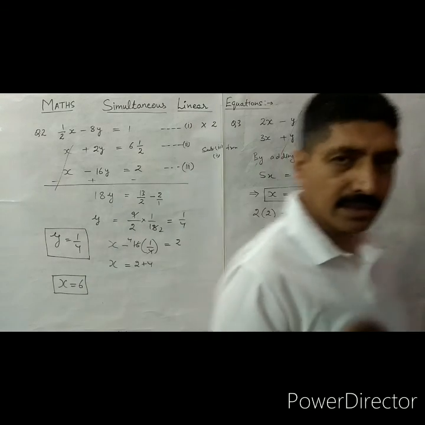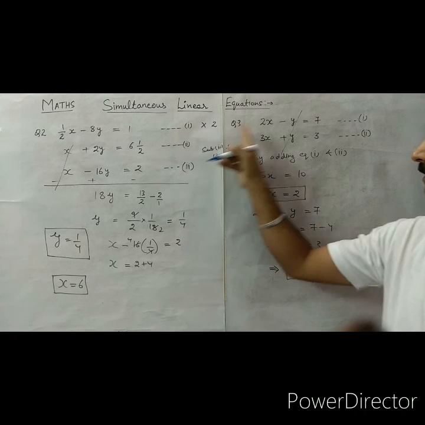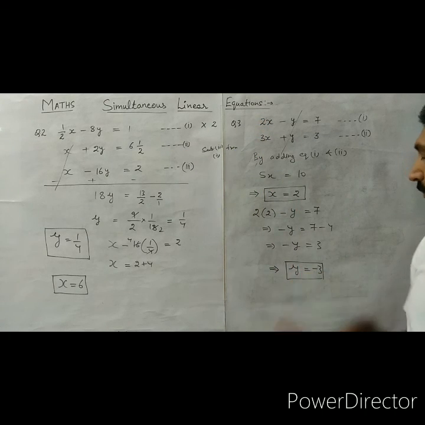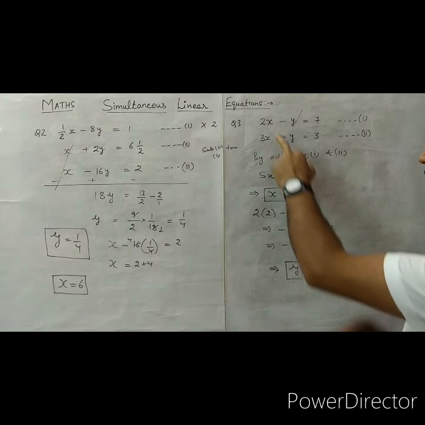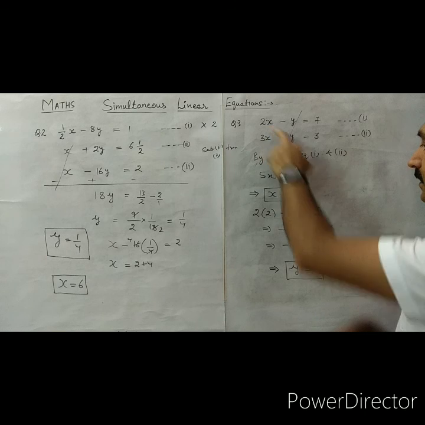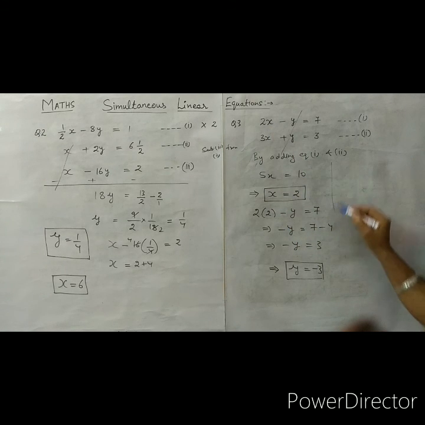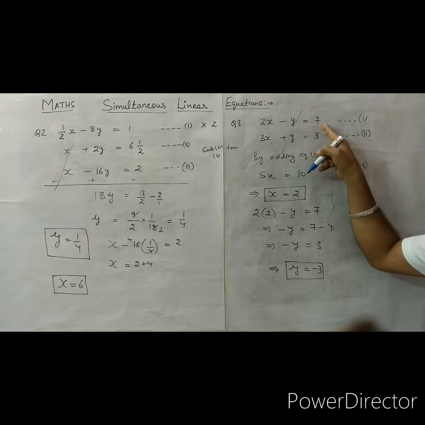So dear students, for confirmation in these questions, when we have simultaneous equations, meaning a pair of equations, we can confirm by substituting both the values. Here, we know x is 2 and y is minus 3. If I substitute the values here, 2 into 2 is 4 and minus of minus 3, it should be 7.